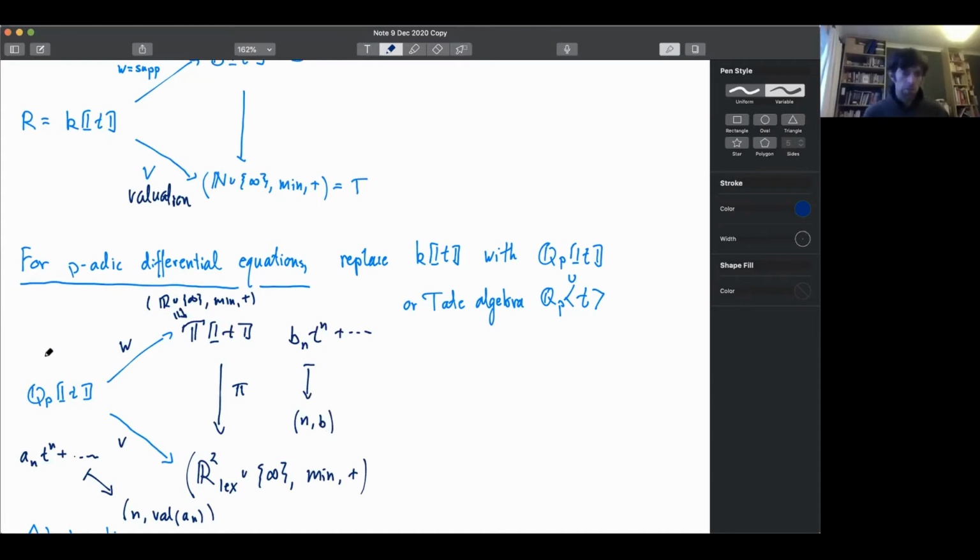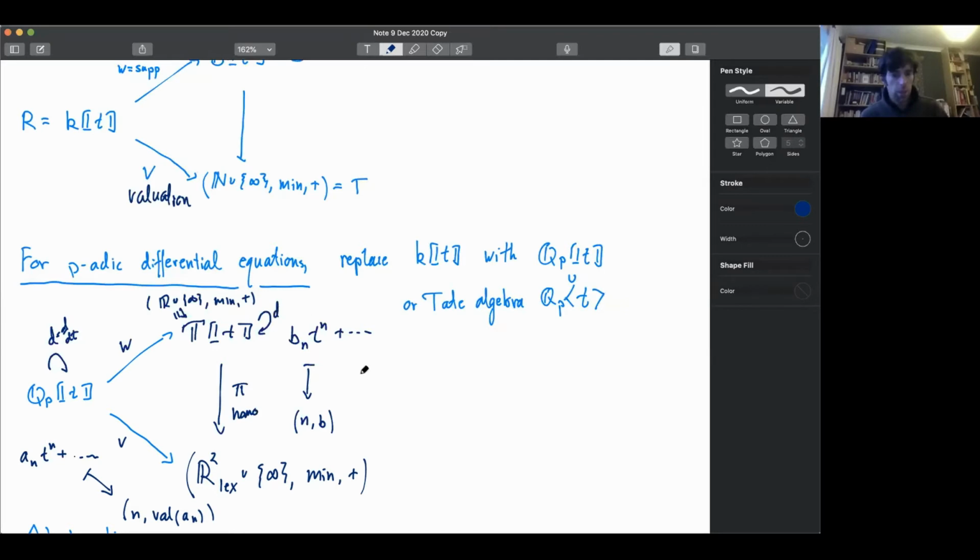Okay, now we have a differential here, which is d/dt. Here on the bottom, there's no differential. This map pi is a homomorphism. And up here, do we have a differential? Well, there is a differential. You can take a kind of tropical version of d/dt. And I'm just going to write down what it has to do.